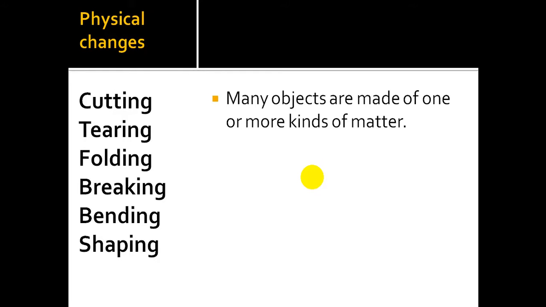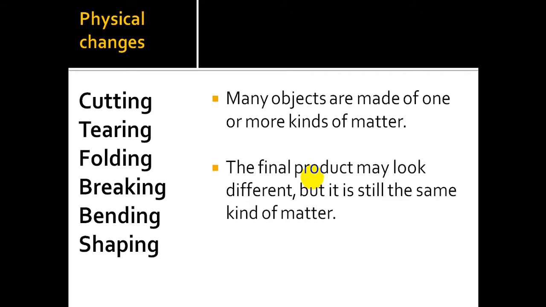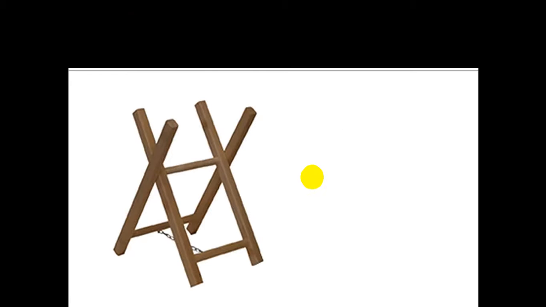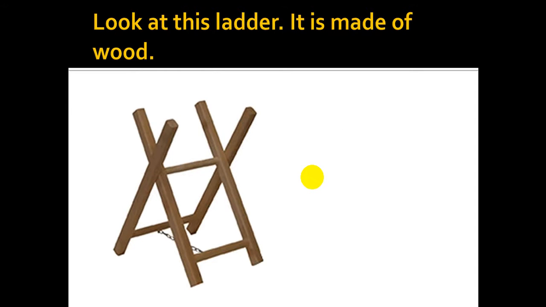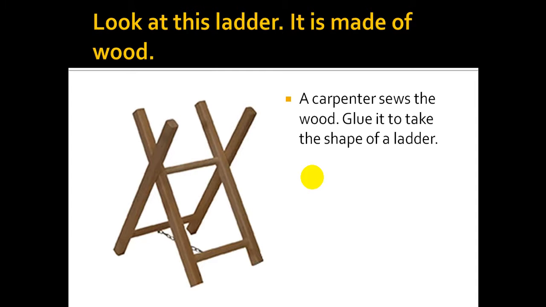Many objects are made of one or more kinds of matter. Not only one substance, no, some objects are made of many kinds of matter. The final product may look different, but it's still the same kind of matter. Like what? Look at this ladder. It's made of wood.